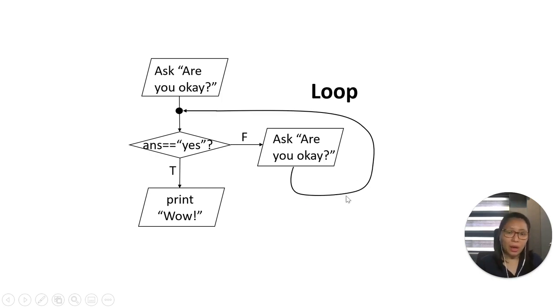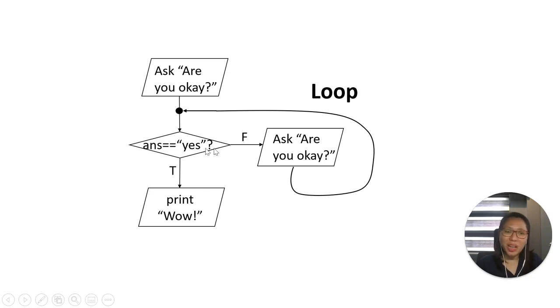A loop allows us to go back to a point where we want to execute the steps again. So here you could imagine that this is the loop, and these two are the steps that we want to execute repeatedly. When will these two be repeated?